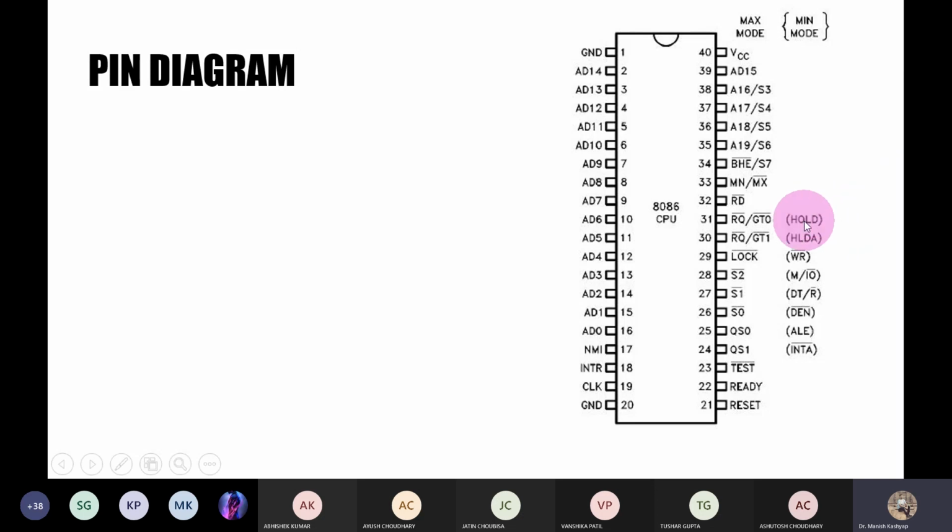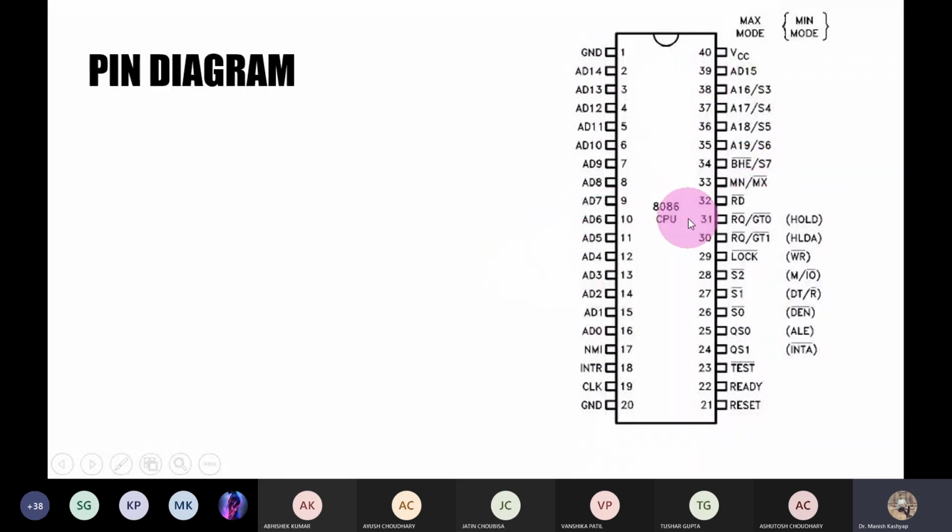For that purpose, a hold request is made, and when the hold request is made, all the pins that you see here are tri-stated. That means they will not have a logic value of 0 or a logic value of 1. They will go into a high impedance state, because the data bus and the address bus have been given to someone else, and whatever data is there should not be reflected here, because otherwise the data could be leaked from these pins, or the data could be changed from these pins.